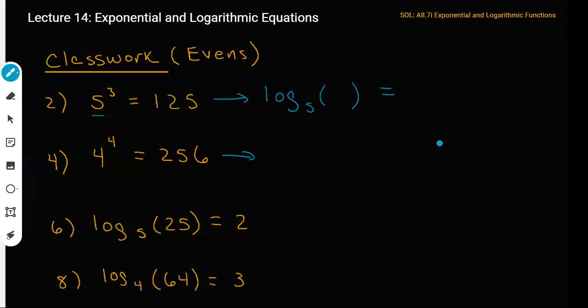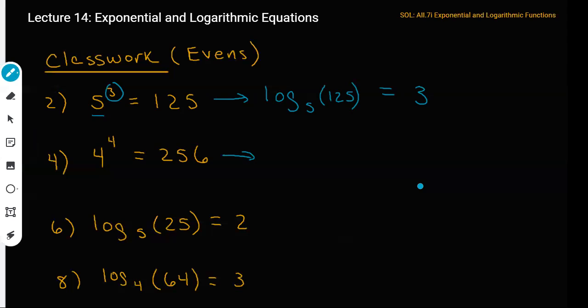That's going to be my exponent. In this case, the exponent is 3. So I throw that exponent to the other side, and then what am I left with? My result, 125. And I'm done.